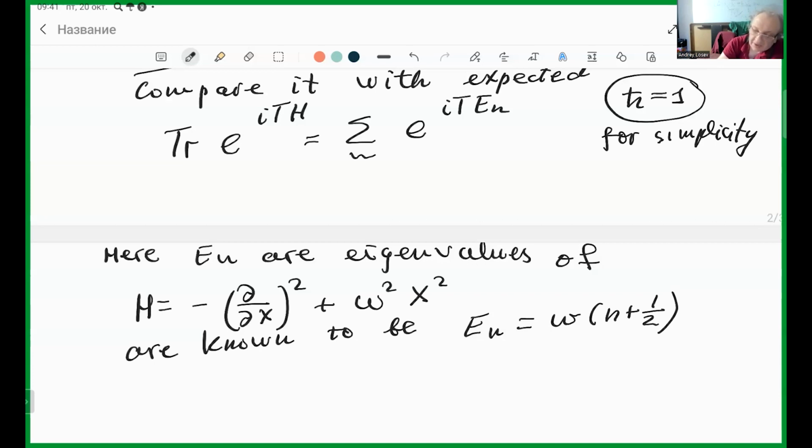So I plug it in the formula to get the sum over n.